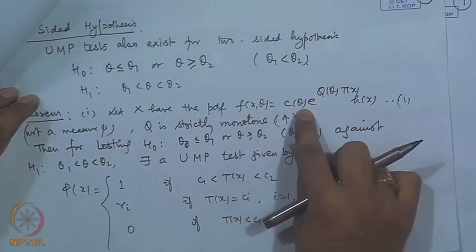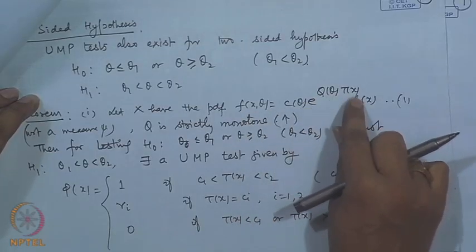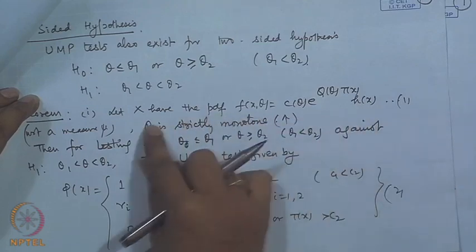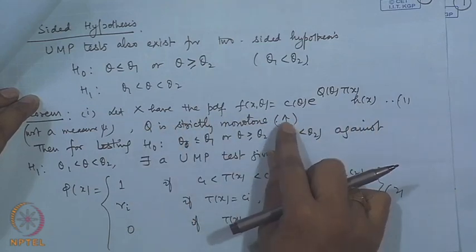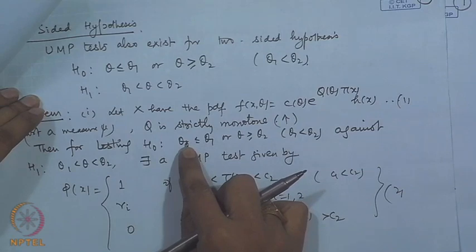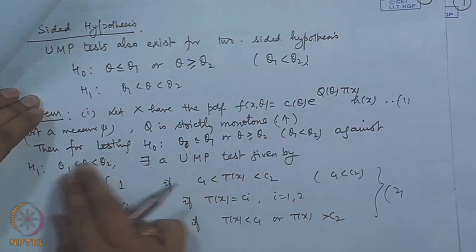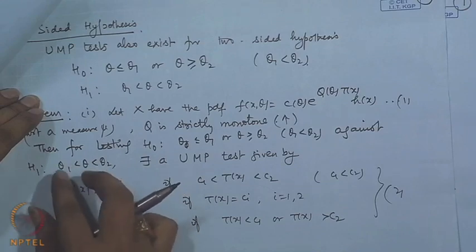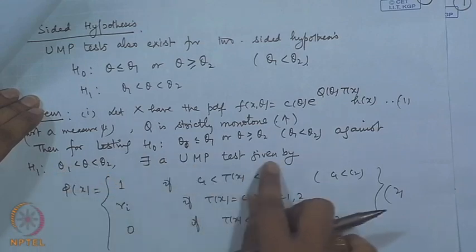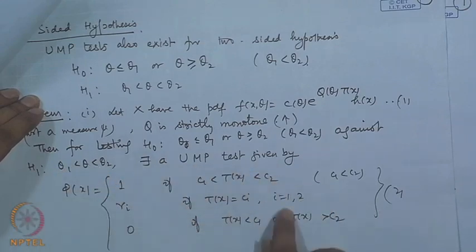Therefore, the theorem which I gave in the last lecture, let me just show it again. Let us look at the statement of the result. If we have f of x given theta equal to c theta e to the power q theta T x h x, where q is taken to be a strictly increasing function, then for testing a two sided null hypothesis against an interval for the alternative hypothesis, a UMP test exists, and the test has this form.